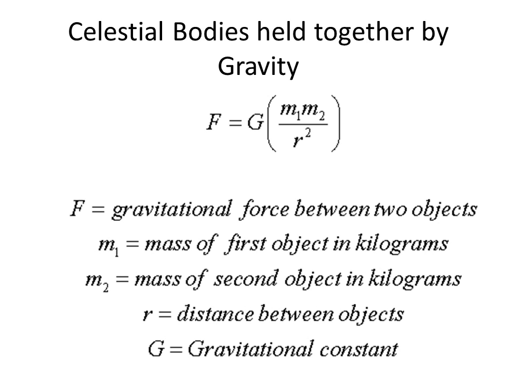M1 represents the mass of one of the objects, M2 is the mass of the other object, and r is the radius or the distance between the two objects. So the force of gravity between two objects can be determined by measuring their masses and the distance between them.